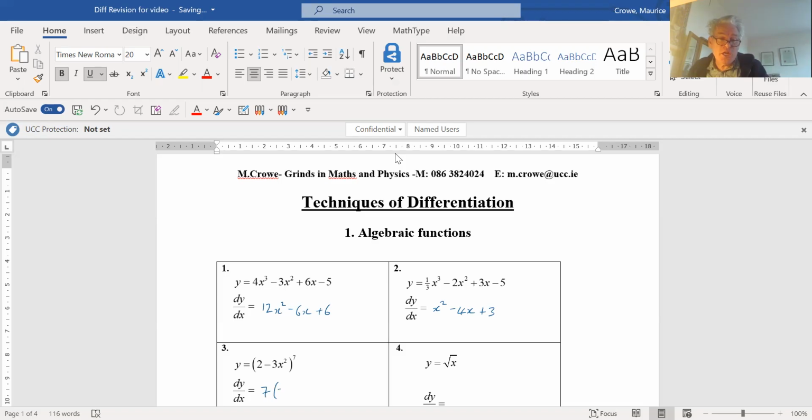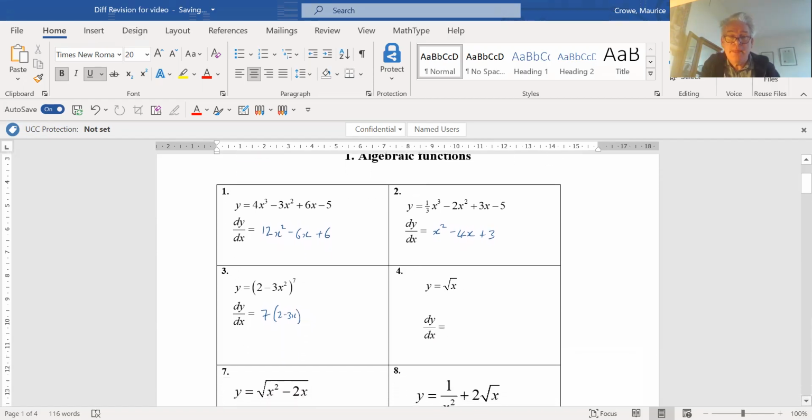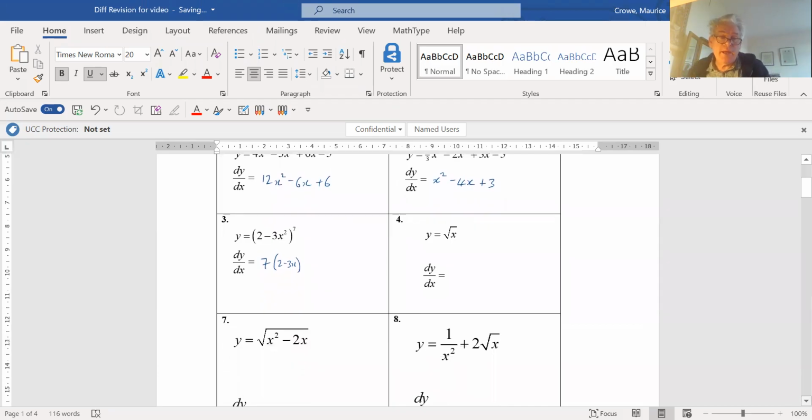That's 7. You're kind of using the chain rule here in fast forward, if you like. Scroll down here now. So that there is 2 minus 3x, reduce the power by 1 to the power of 6. And then with the chain rule, you multiply by the derivative of what's inside, which is going to be minus 6x.